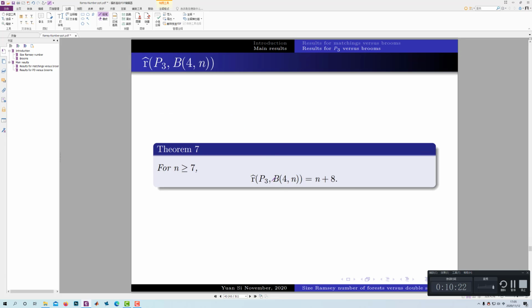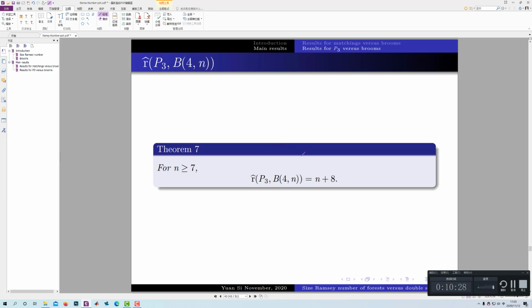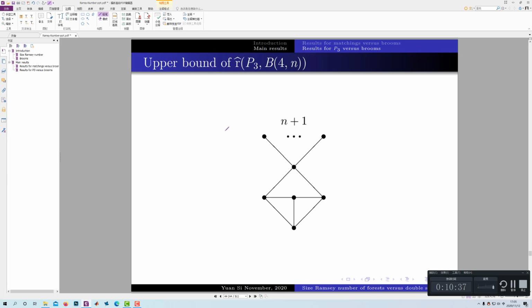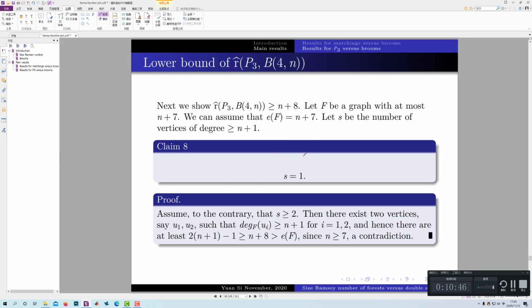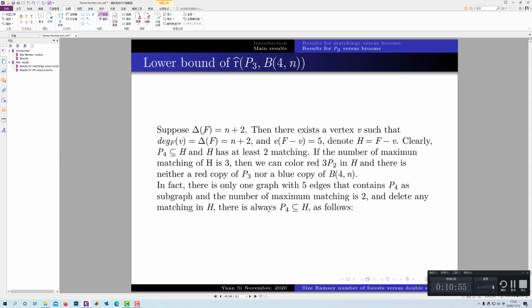Next, P3 versus B_{4,n}. The proof method is similar to P3 versus B_{3,n}. The upper bound is here; we construct the graph. For the lower bound, firstly we determine S equal to 1, and we consider delta(F), and then we only consider delta(F) equal to n plus 2, and we only consider the graph F minus v.